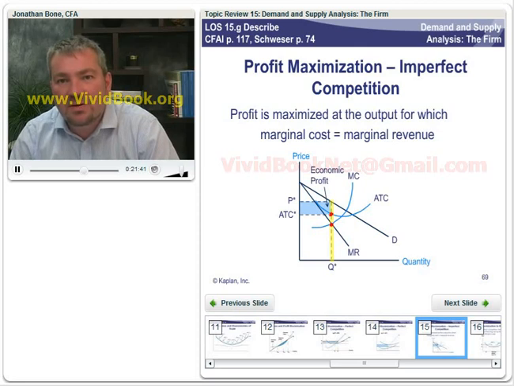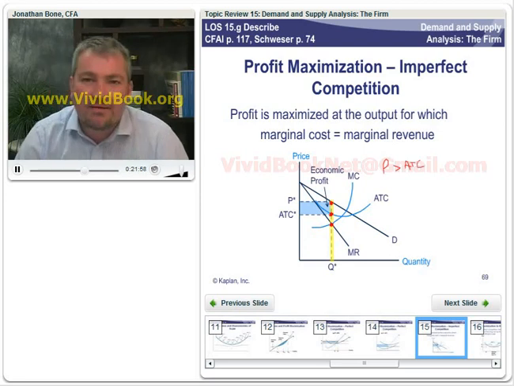So our total cost area is our white rectangle here. Again, notice here that price is at this point here, average total cost is below it, so price is greater than average total cost, and therefore economic profit is being generated.